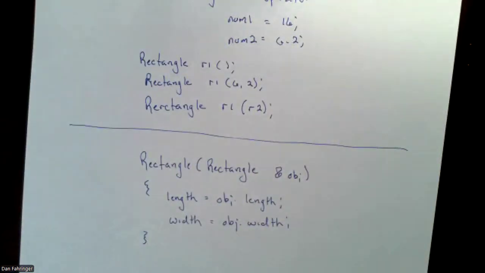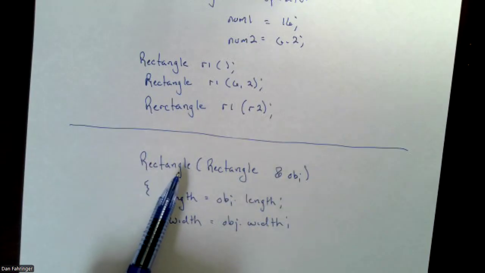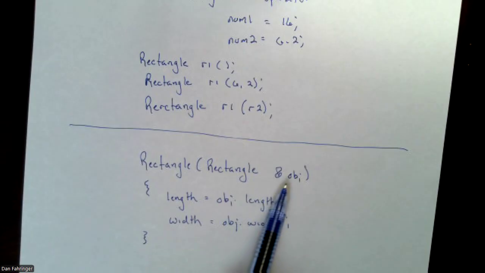I need to get the address. I'm going to call it a generic name, object, of type rectangle. Using rectangle as the first word tells my class it's a constructor. This is what's coming over. This is my parameter, and it has to match my argument R2.